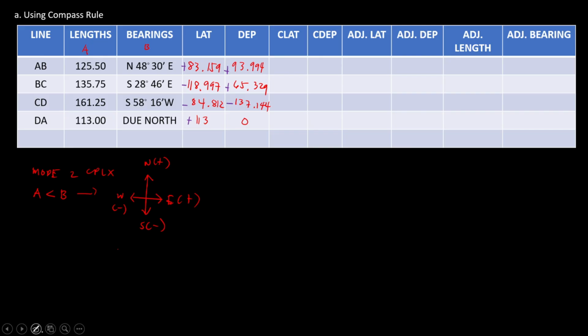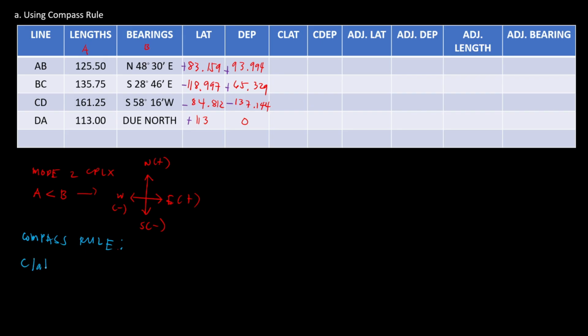Using the compass rule, we need the correction in latitude and the correction in departure. Let's write the formulas first, and then we will compute and put our answers in the table.